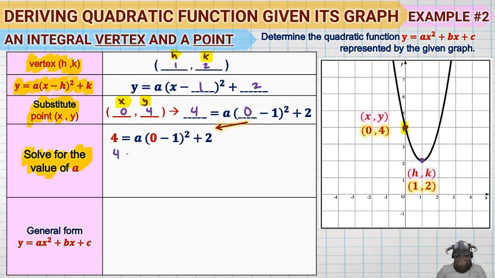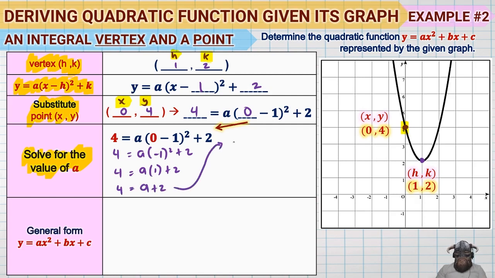So, rewrite natin si 4. Simplify natin. 0 minus 1 will be equal to negative 1 quantity squared plus 2. Then, simplify ulit natin. 4 is equal to, pwede nating i-square si negative 1. Magiging positive 1 na siya, plus 2. Then, 4 is equal to a times 1, which is a, plus 2.